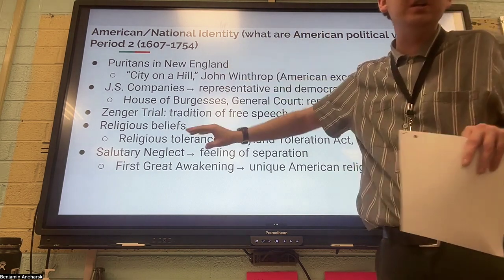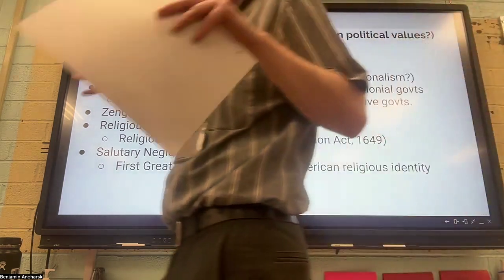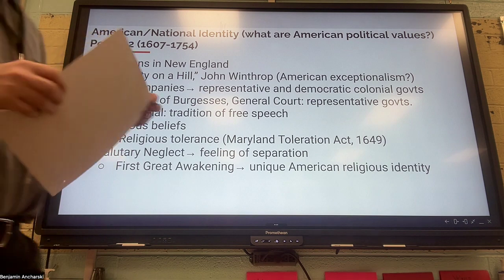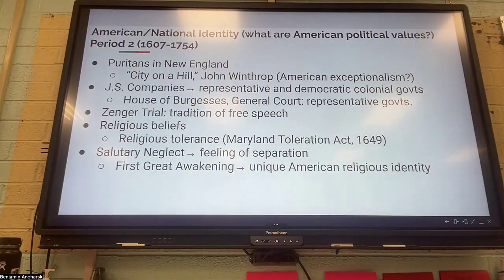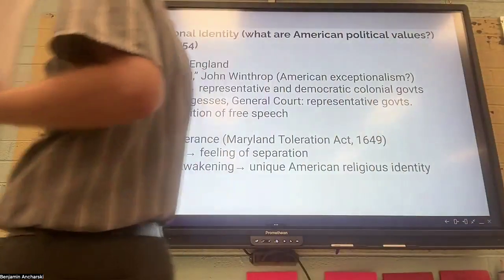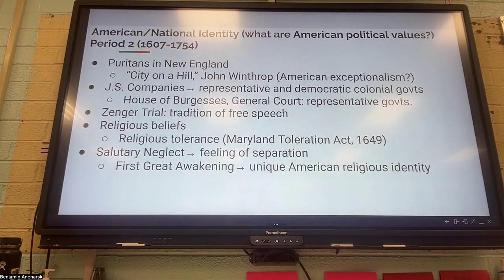Now, what are the origins of American ideas in terms of politics, in terms of political philosophy? Well, as much as we like to clown on them, the Puritans were a big influence on what becomes the United States. The Puritans, as you might remember, came to what becomes the United States because of the motivation to create a religious community.